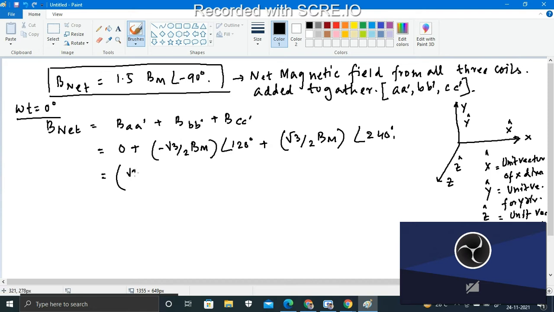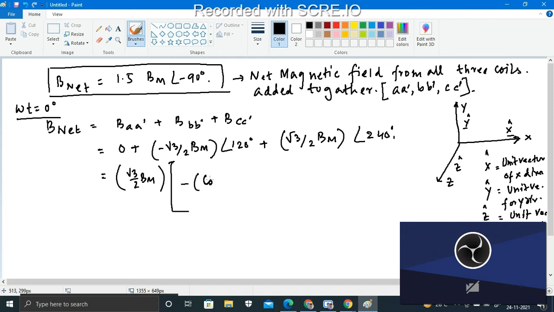Root 3 by 2 Bm will be common. This section will be for the x section and the y section. Each component will be under the x vectors and the y vectors. In this case we have to consider this 120 degree, which will be divided under the cos function and the sine function.